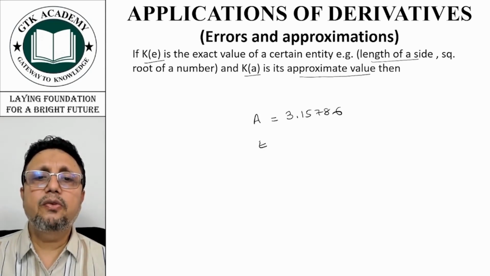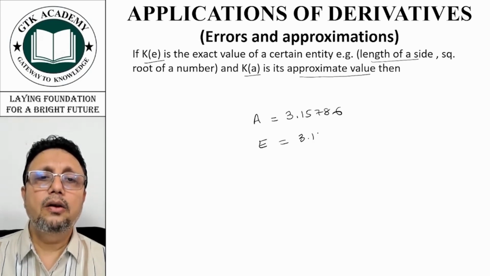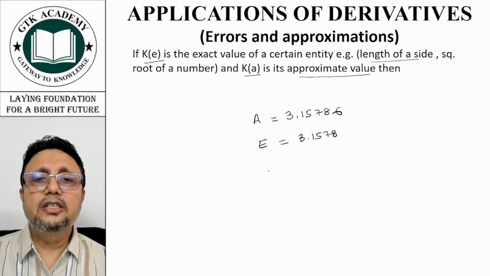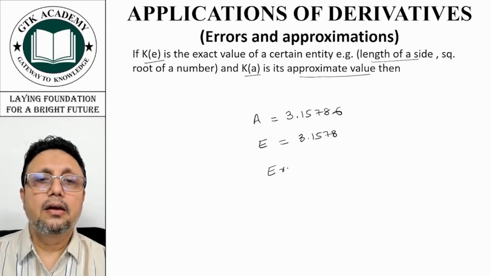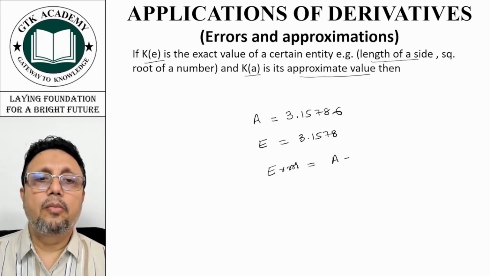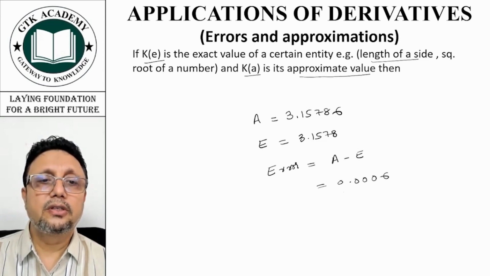Your approximate value you calculated as 3.1578. So what is your error? Error is A minus E, which is equal to 0.0006.